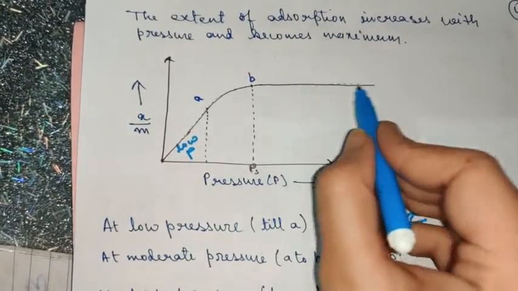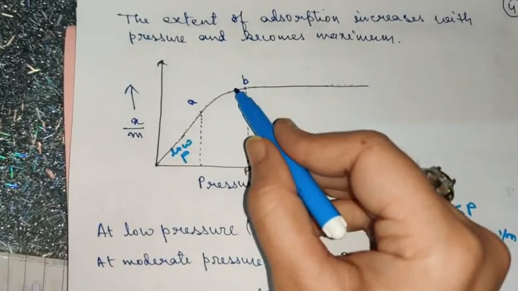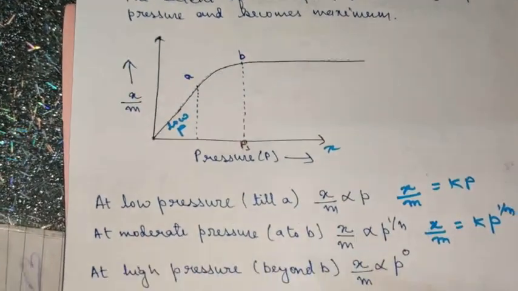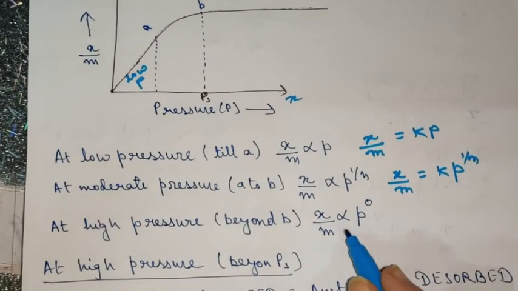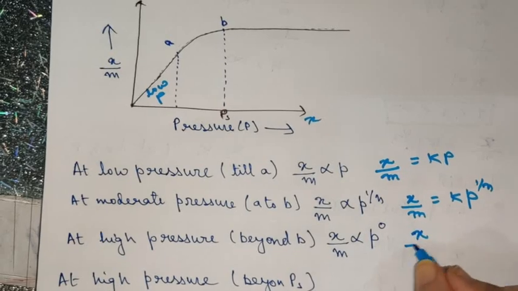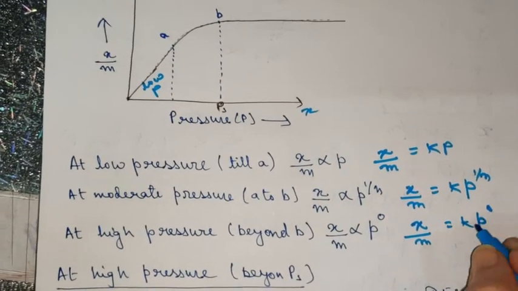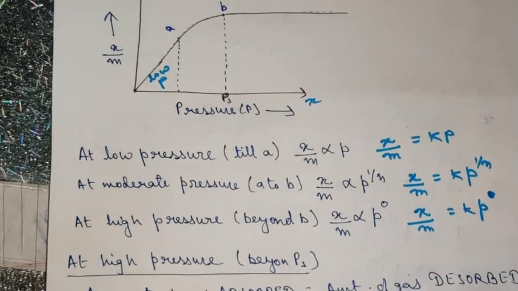The extent of adsorption is not changing. It becomes constant with further increase because it has already reached its maximum value. So you can write x upon m is directly proportional to p raised to the power 0, or x upon m is equal to k p to the power 0, or simply x upon m is equal to k, a constant.